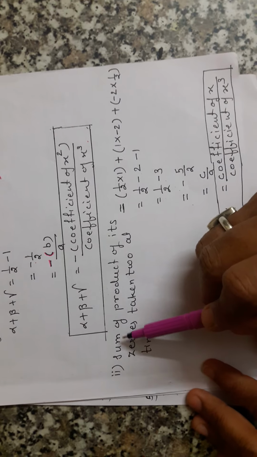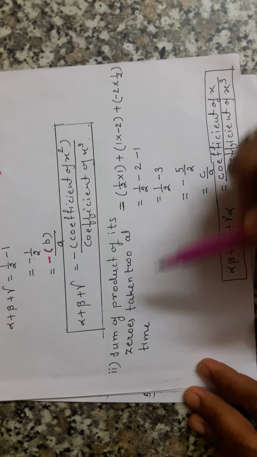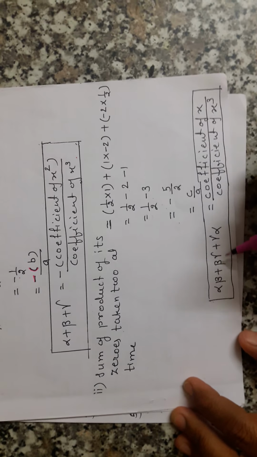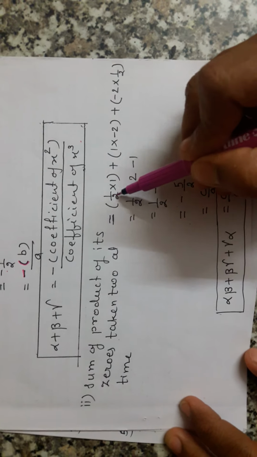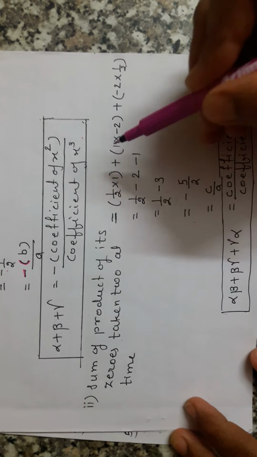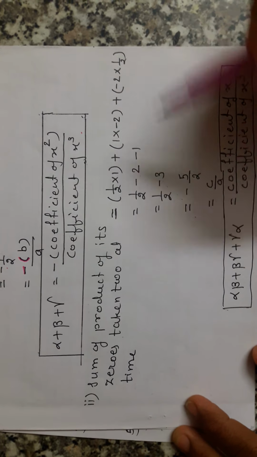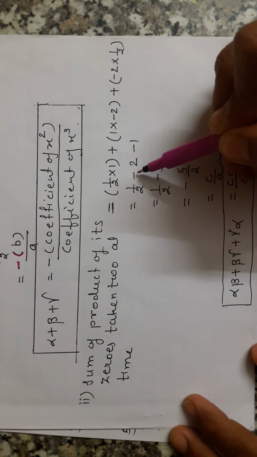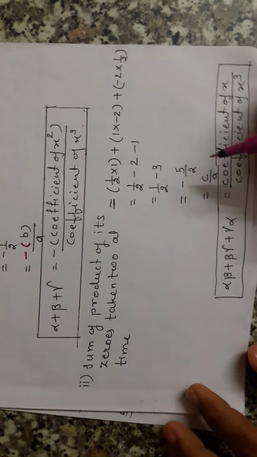Second verification is the sum of the product of zeros taken 2 at a time, that means alpha beta plus beta gamma plus gamma alpha. So 1 by 2 into 1, that is alpha into beta, plus 1 into minus 2 plus minus 2 into 1 by 2. Here we get 1 by 2 minus 2 minus 1, and the answer is minus 5 by 2.